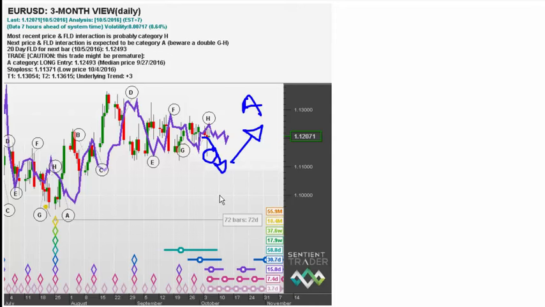So it might have occurred yesterday, but because of this triangle, I would be a little cautious of just immediately entering into an A category interaction. I would want to see price break out of the triangle and really demonstrate that it has left that triangle behind it before entering into a trade.